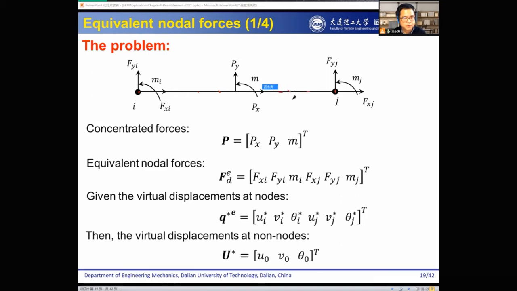Once we know the shape function of the beam element, the displacement field function is already known. For a given beam, if we know the Young's modulus and the geometry, then the shape function is already given. Those are the known parameters, so we can easily set up the relationship between them. This can be easily solved.